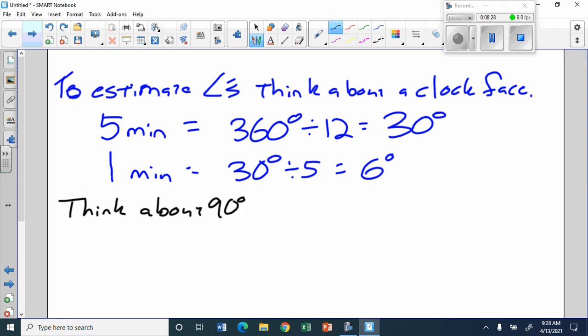And I use 90 degrees as my comparison. That's probably more what you guys did, right? And then use 90 degrees as a starting point for any and all estimation that I would want to do.